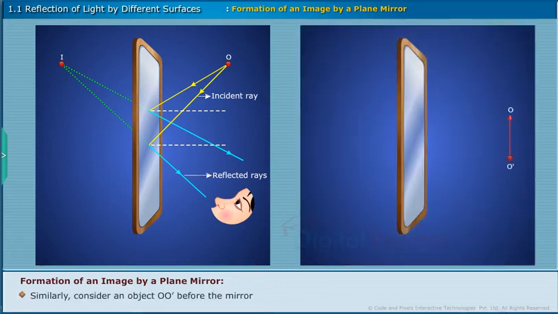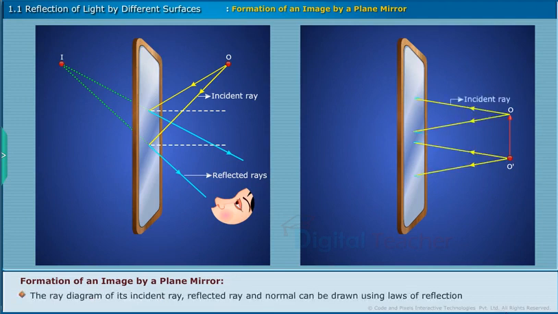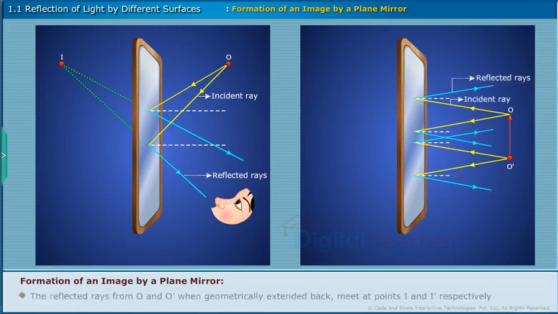Similarly, consider an object O' before the mirror. The ray diagram of its incident ray, reflected ray, and normal can be drawn using laws of reflection. The reflected rays from O and O' when geometrically extended back meet at points I and I' respectively.